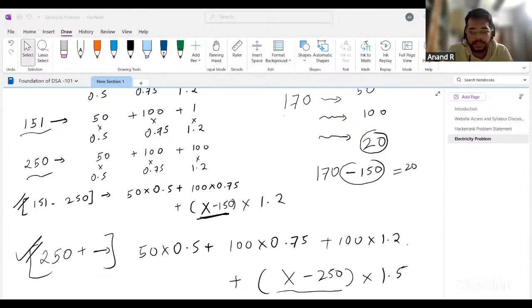Should it be int? Should it be float? Should it be double? Float? Cool. Because it can happen that the value is a decimal value, right? So cost equal to 0 and cost equal to x into 0.5. Now we discussed this in the last class as well.